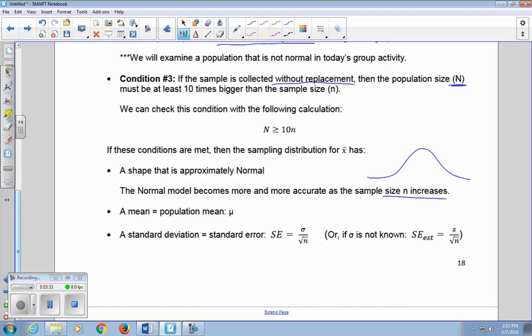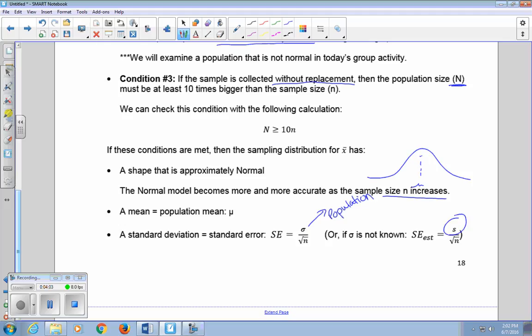So we have this shape. We know that it's going to be centered around mu, and the standard deviation is going to be sigma over the square root of n. Most often we won't know sigma because this is a population parameter, and so we'll want to estimate sigma. We can do that by using s.